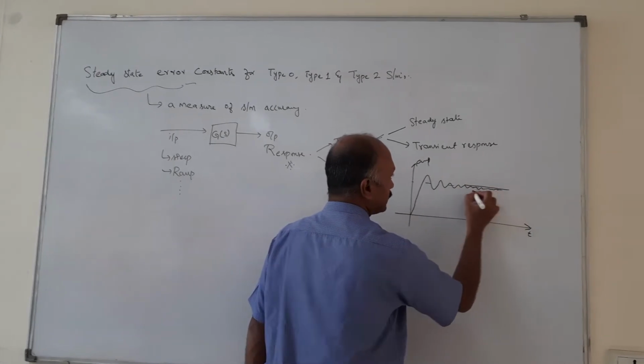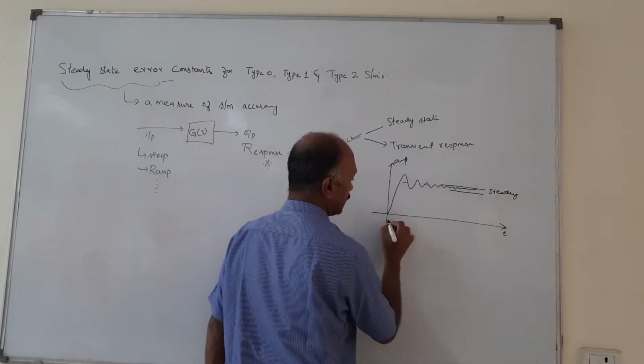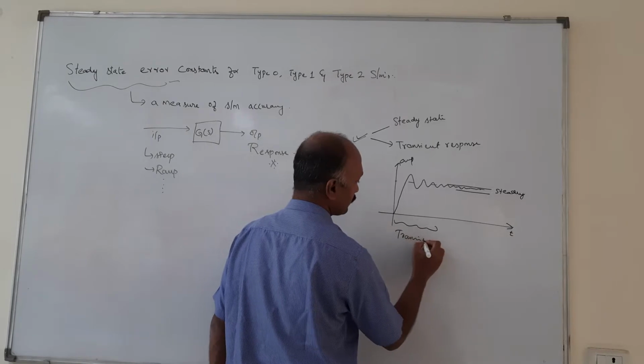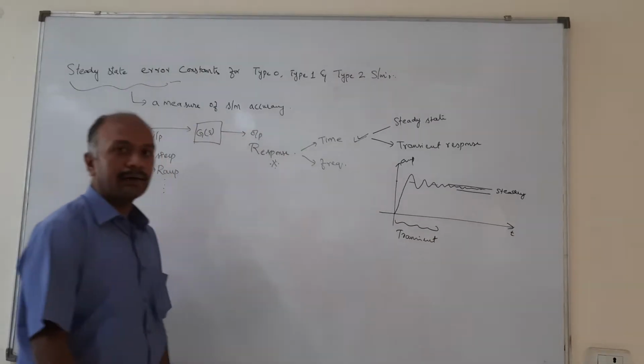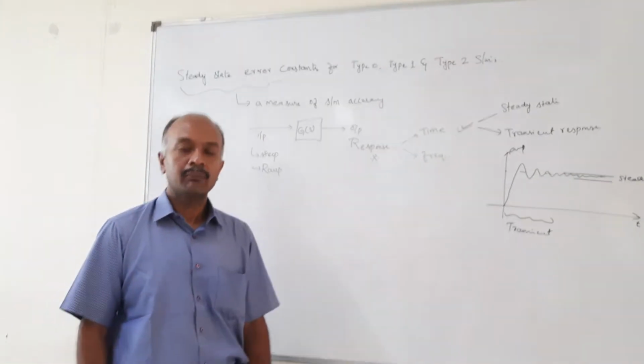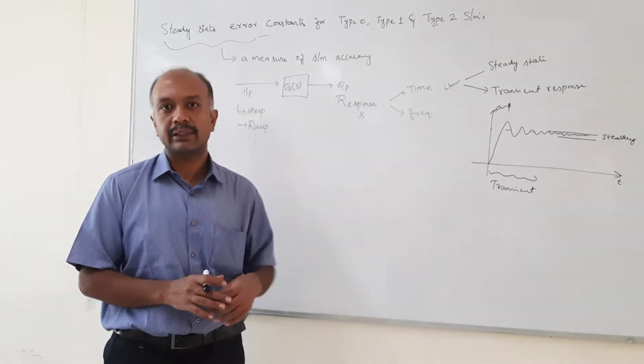This region is what we call the steady state, and this particular region of response we call the transient response. Any system will have both transient and steady state response, but it may not be 100% required that you always get a steady state response.